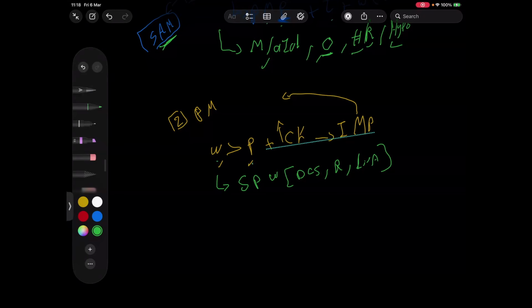How do we differentiate between this and SAM? In SAM, you're going to find in the history, statin. Which one is more, myalgias or weakness? Myalgias is more.